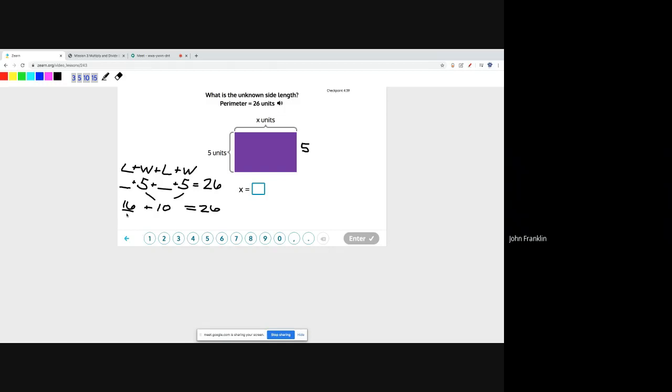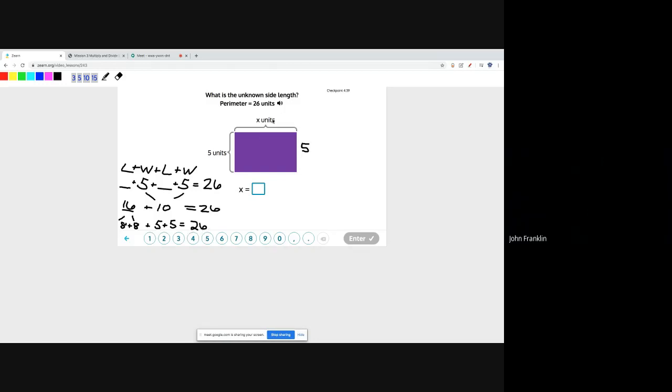But then I need to split it in half because there's 2 equal units of length, right? So if I do that, it's 8 and 8 because they're equal, plus 5 plus 5 equals 26.